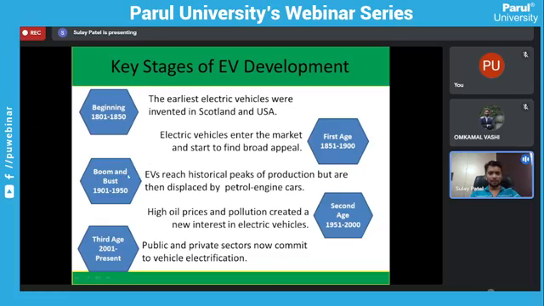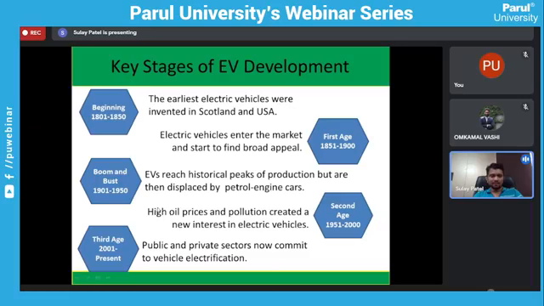After that, boom and bust. In the starting duration of 1901, there was a big boom of electric vehicles. But after the invention of petrol and diesel vehicles, the bubble burst for electric vehicles, because petrol engines had many advantages compared to the electric vehicles available at that time. From 1901 to the 1950s, petrol and diesel engines took over from electric vehicles.